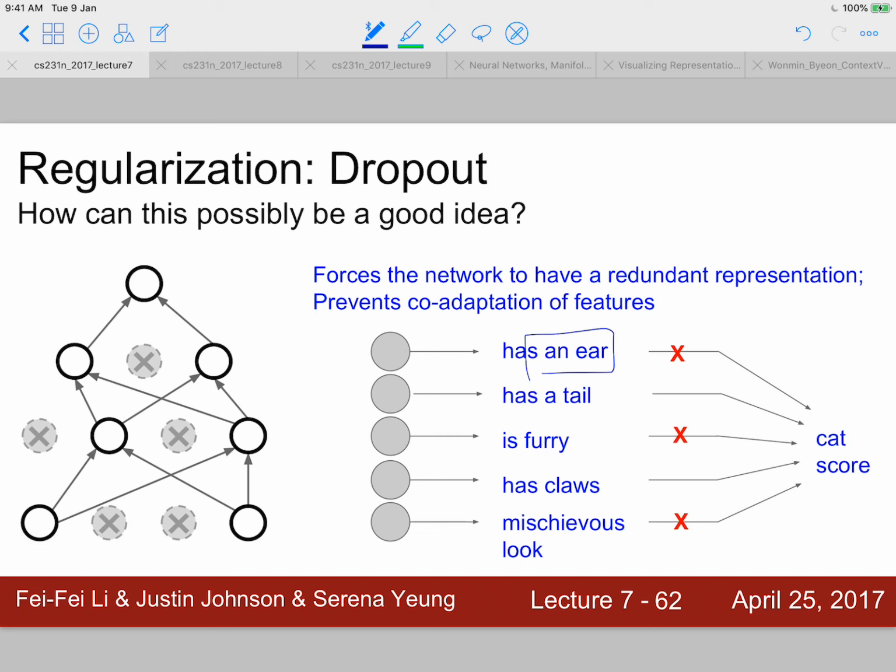But still, if our training images all have the ears for the cat images, then it has no problem relying only on this information of whether we have an ear or not, right? So in that case, what if our test data gives a cat image that doesn't have an ear, due to a cropped image? Then it will have no way to recognize it as a cat, right? So that way we intentionally and randomly drop out this information, right?